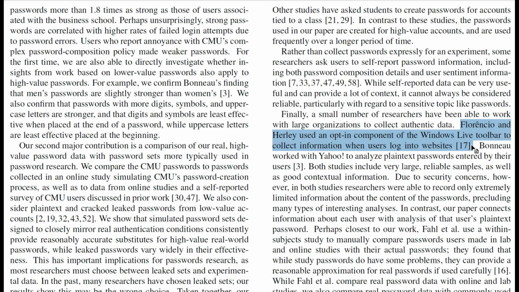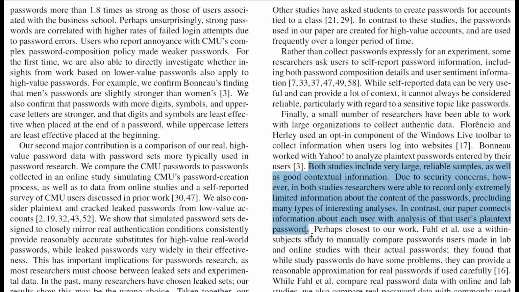So the lit review, in the sense of slowed down, at the beginning it moved very fast, grouping large numbers of studies together. And as we get closer to the end of the lit review, we're singling out particular studies. So Florencio and Hurley did this, Banu did this, then explains what's good, and then what the gap is, and then they're filling the gap here.